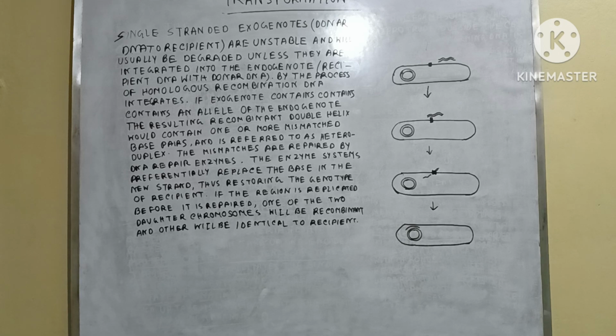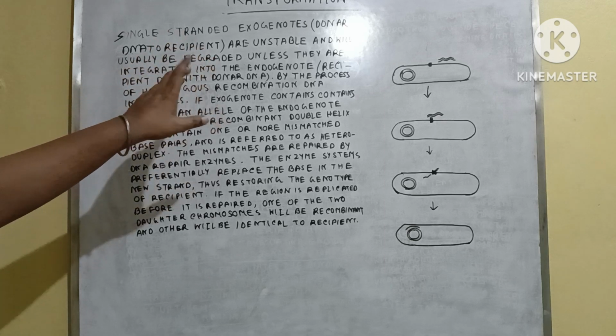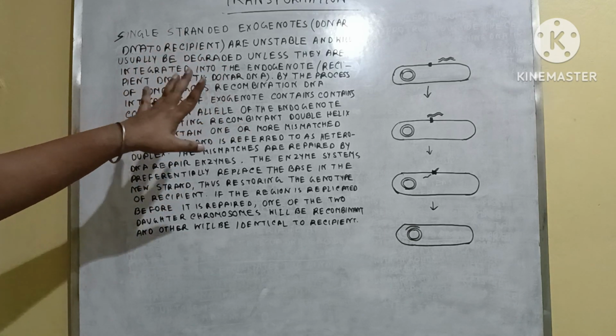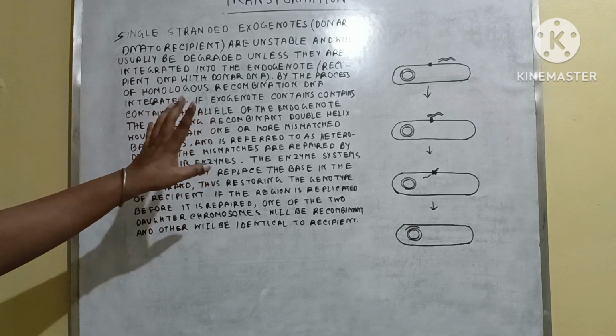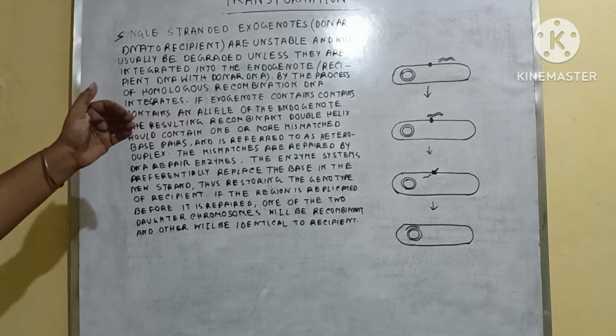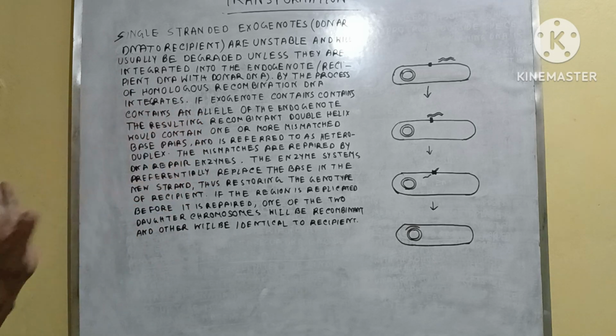Exogenotes are the donor bacteria's DNA; they try to donate their DNA into the recipient, and the endogenote is the recipient's own genome. If a single strand is present, it is very unstable. It cannot remain stable in the environment, and that's why it tries to integrate into the endogenote by the process of homologous recombination.